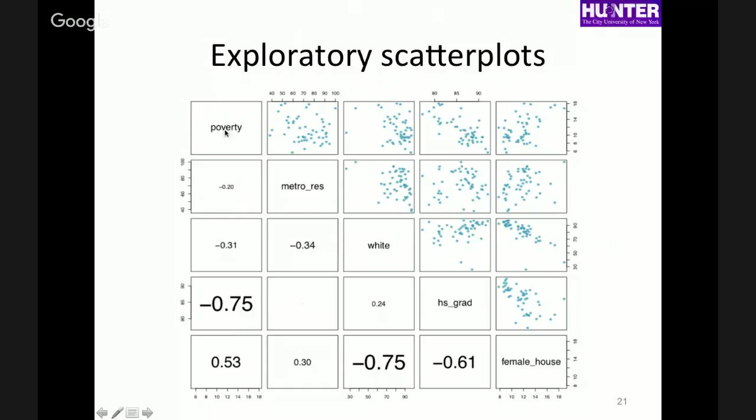So for this particular plot, this is poverty on the y-axis and the percent of metropolitan residents on the x-axis. And you can see that just looking visually by eye, there isn't a great association, but it's also showing us the Pearson correlation in the corresponding mirror image. And you see the Pearson correlation there is minus 0.2.